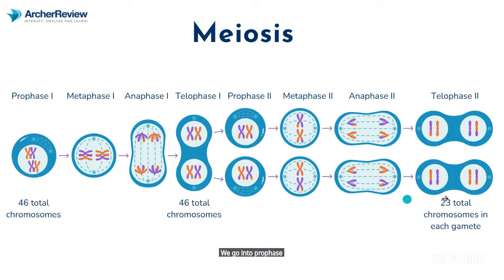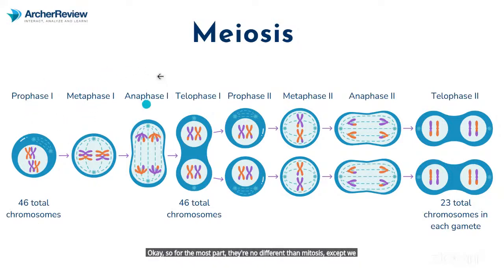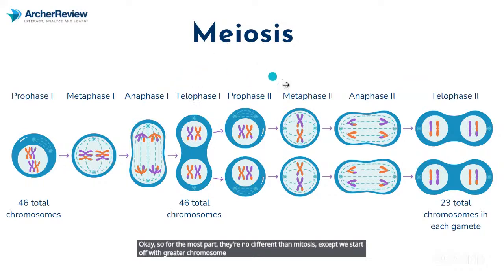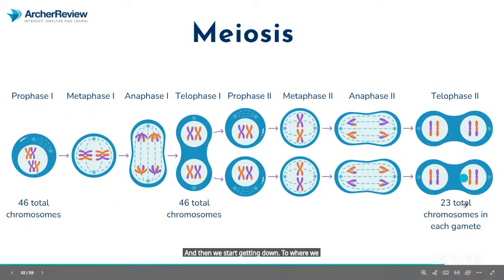Essentially, we've got to get to 23 chromosomes. For the most part, they're no different than mitosis, except we start off with greater chromosome numbers, and then we start getting down to where we started with 46, we now have 23.